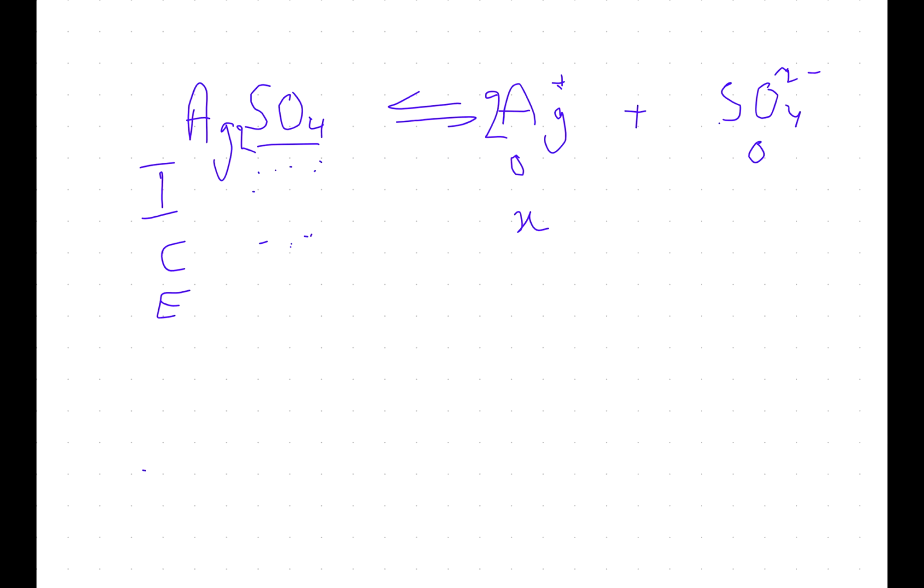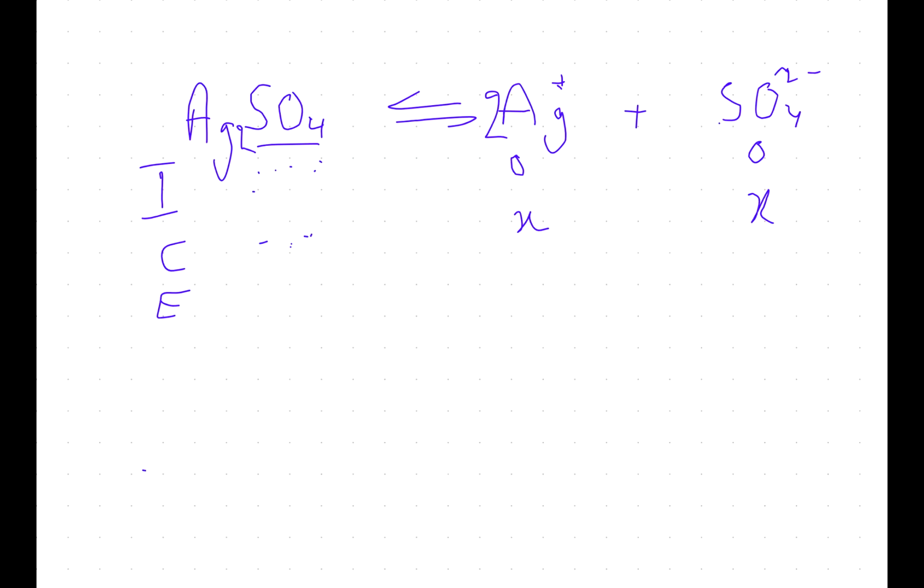So we have sulfate 0, and for sure the dissociation makes it X. What wrong did I do? I did something wrong here, please, I need help. Something is wrong here.